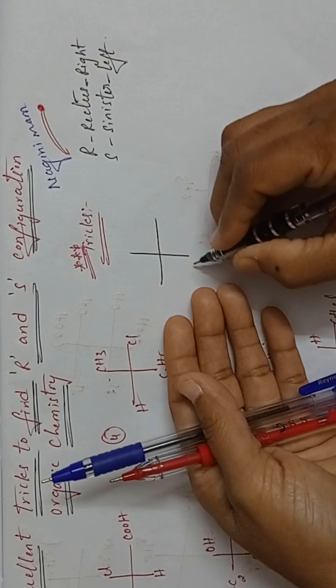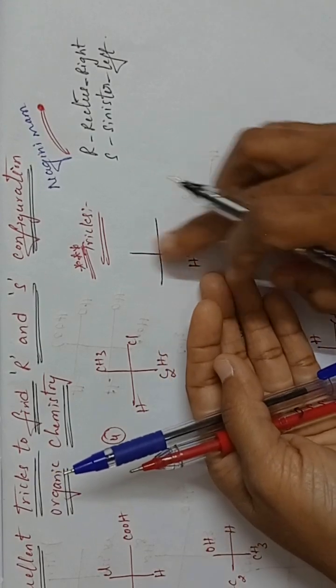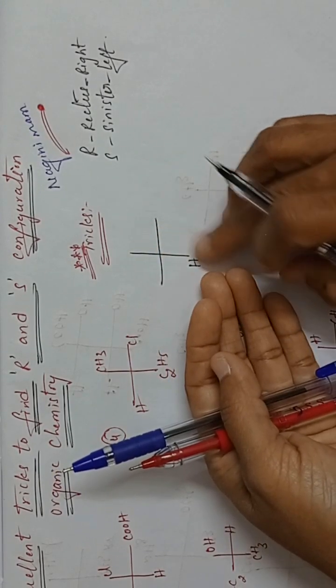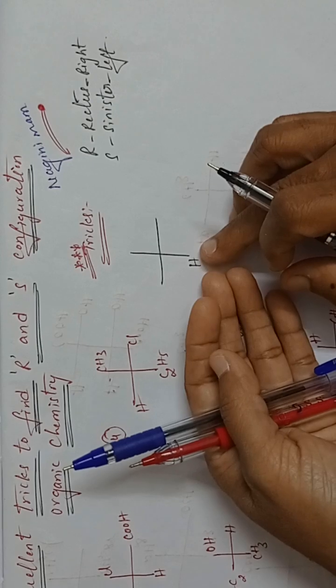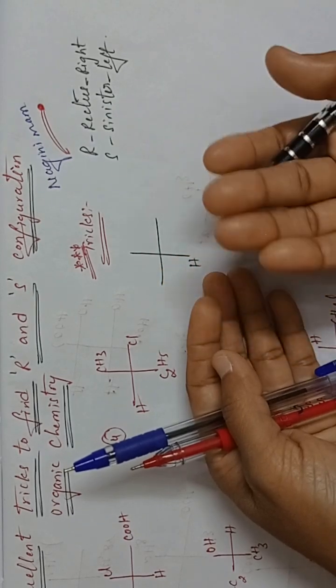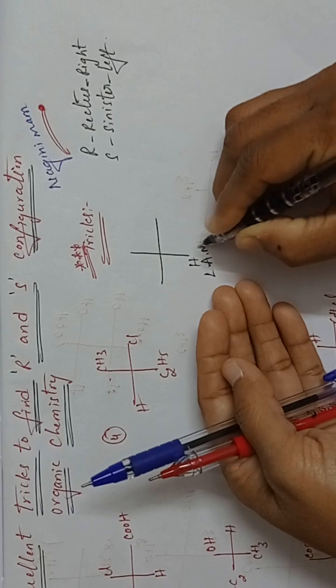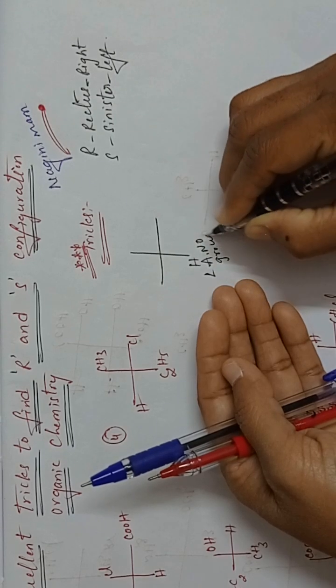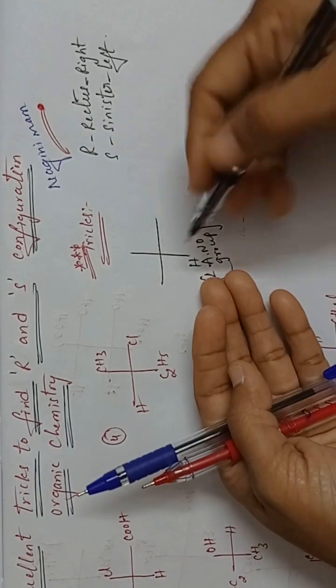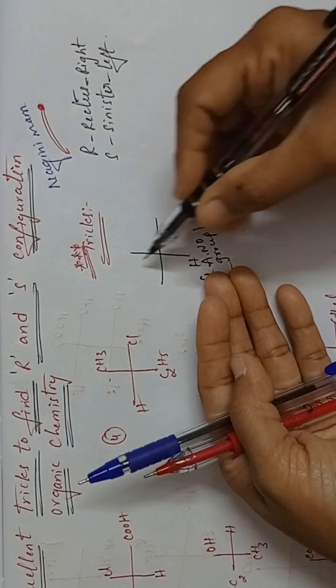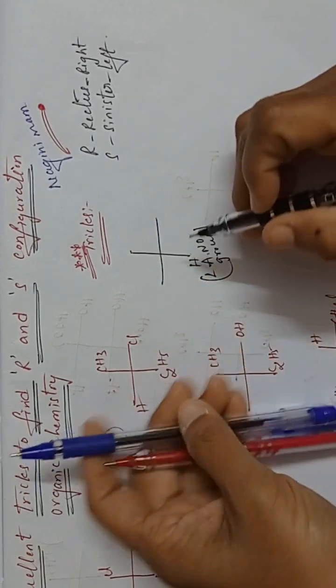Trick number one: if the hydrogen atom, or it may be the lower atomic number group, is on the vertical line, it may be at the top or bottom, okay.